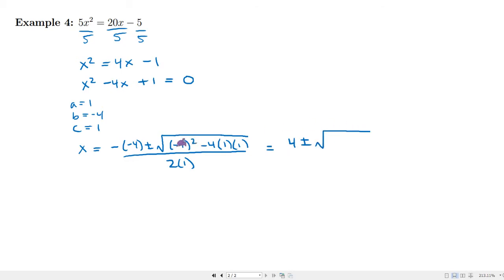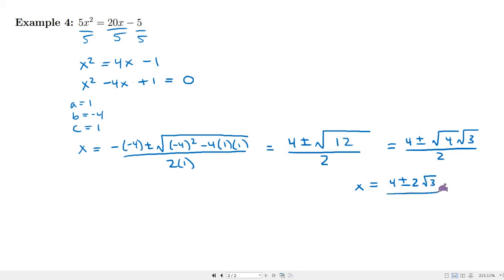So that's 16, then that's minus 4, so 16 minus 4 is 12 over 2. And 12 is not a perfect square, but we could factor that as square root of 4, square root of 3. And now we will have 4 plus or minus 2 root 3 over 2.